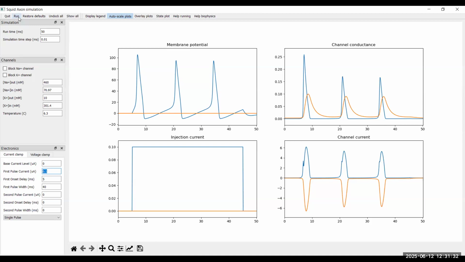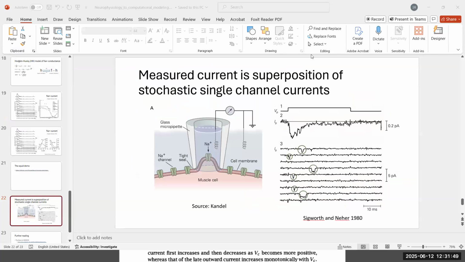Let me see if I have any other slides. Okay, one last little thing. One thing to know is that when we are doing this biophysical calculation, we are putting together many thousands of ion channels.